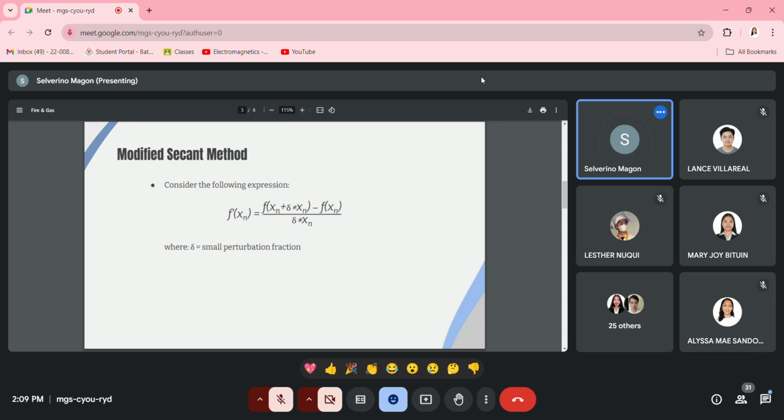there's some small changes, no? That instead of the substitution, we only need a point here, a reference point x sub n, and then we will introduce a small perturbation fraction delta here. So it can be a decimal figure around 0.1 or 0.01 or 0.001.